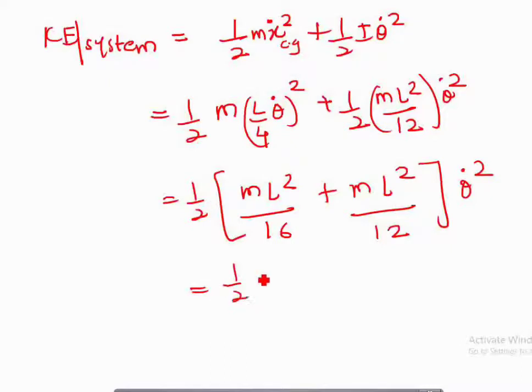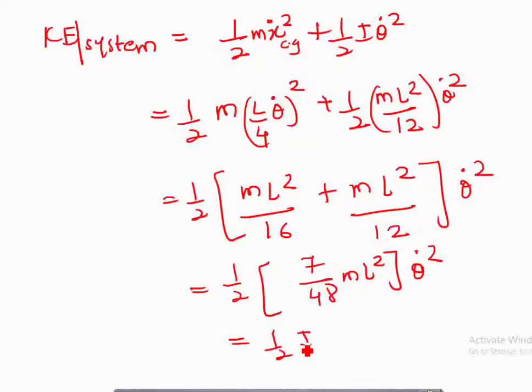So this becomes one half into 7 upon 48 ml square into theta dot square, which is one half I equivalent into theta dot square. Comparing, the first answer I got is I equivalent equal to 7 upon 48 m L square.